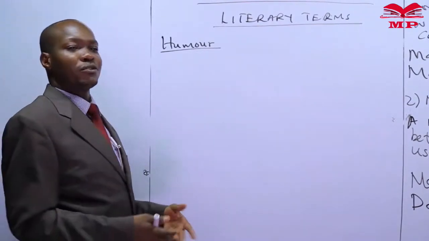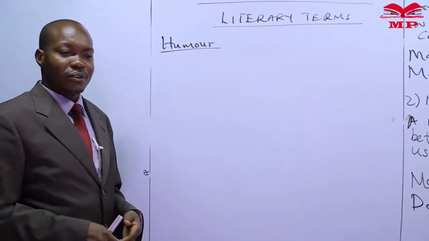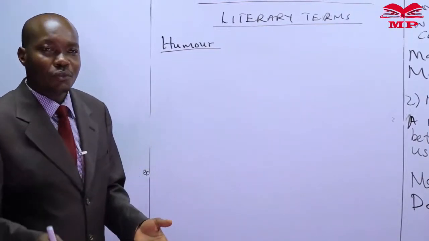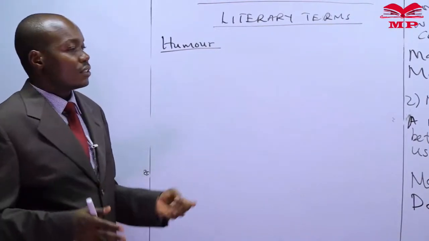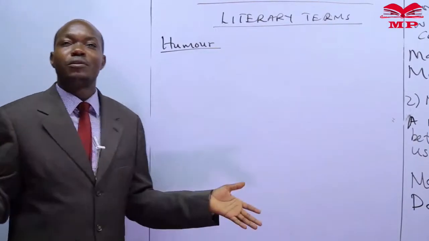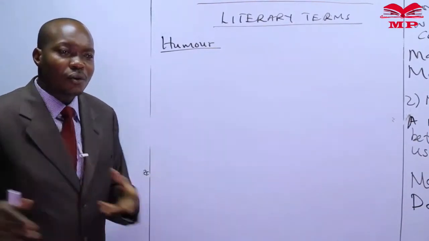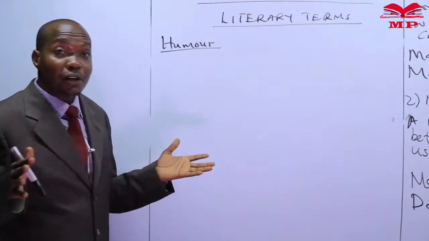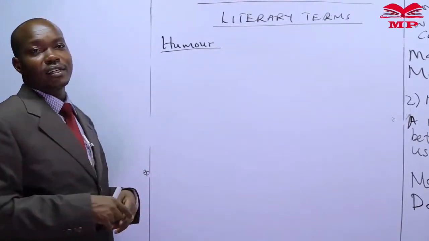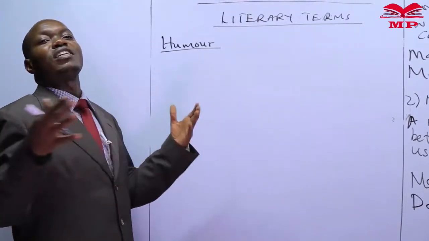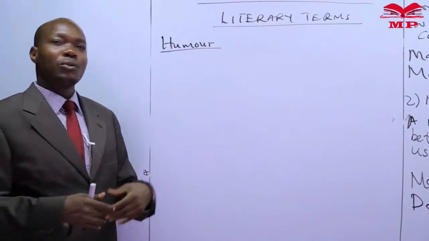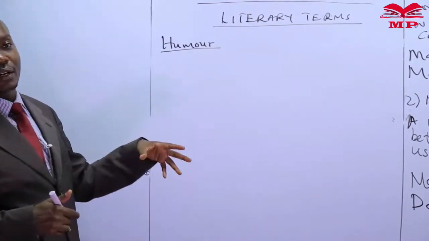Then you wonder, is this person crazy? Or someone watching a movie, reading a story, a book, or even a newspaper, laughing on their own. Then you wonder, is this person crazy? No, it's not crazy. It's just that the story is interesting. So when the story is interesting, we call that humor.